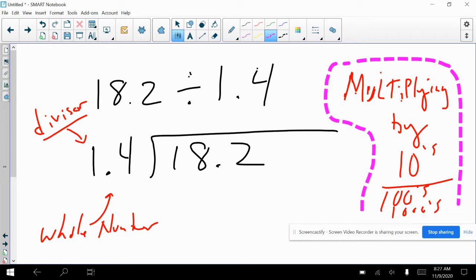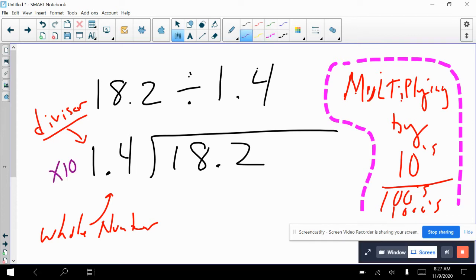So how many places to the right do we have to move 1 and 4/10 to get it to be a whole number? Brady. We got to move it 1, which means mathematically we are multiplying by 10, because the decimal moves one place to the right.